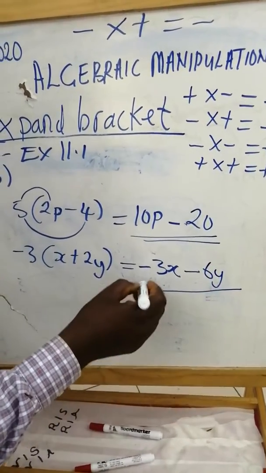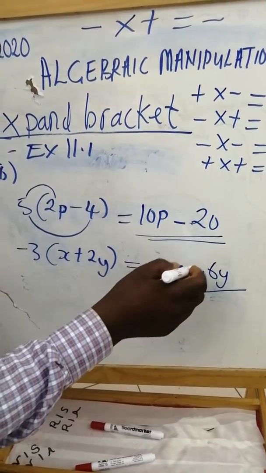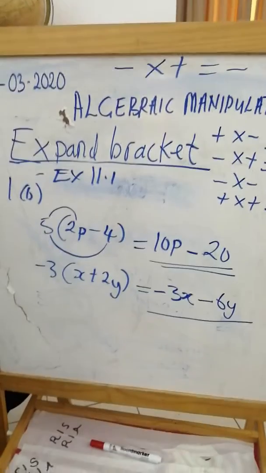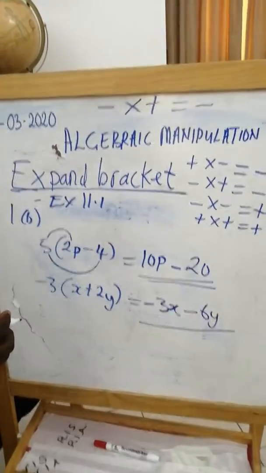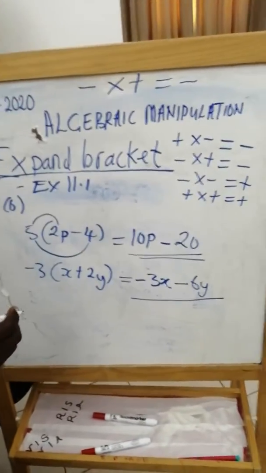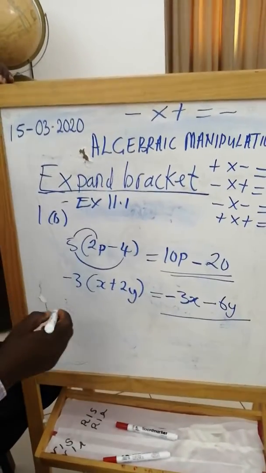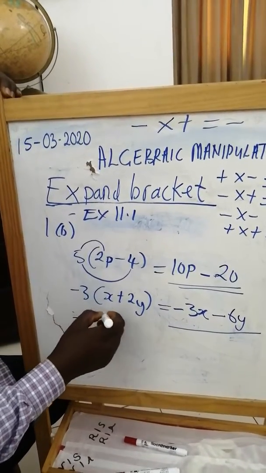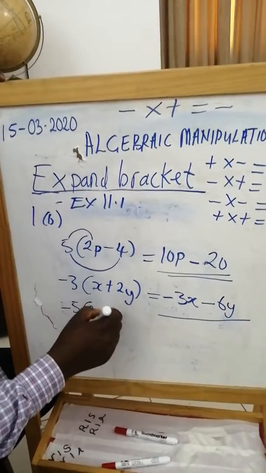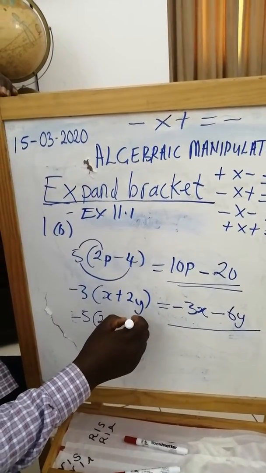So the answer becomes negative 3x, negative 6y. Is that okay? And the last example I'm going to give to you before you try questions 1, 2, 3, and 4, A to D, is this. What if I have negative 5, and I have 2A, and I have negative 3.